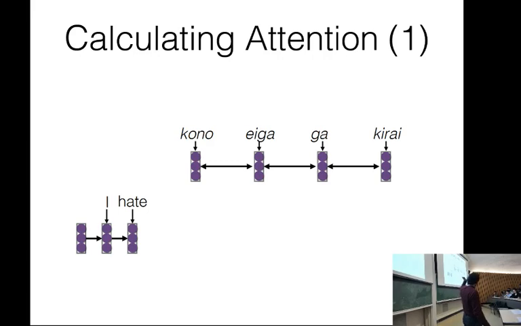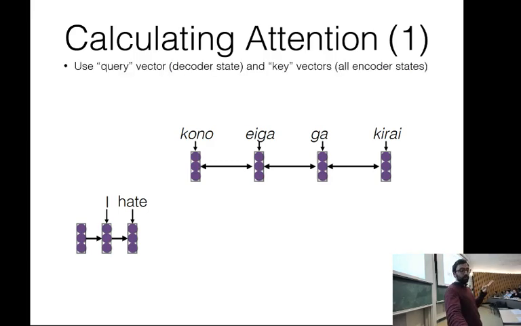So here's the general idea again. We have our source in Japanese, and we have the representation for each word. We're at the decoding step where we have generated "I hate". And now we have two things. We have the query vector, which is the current state of the decoder. And we have a bunch of key vectors that are all the states that we got from the encoder, of the words in the source.